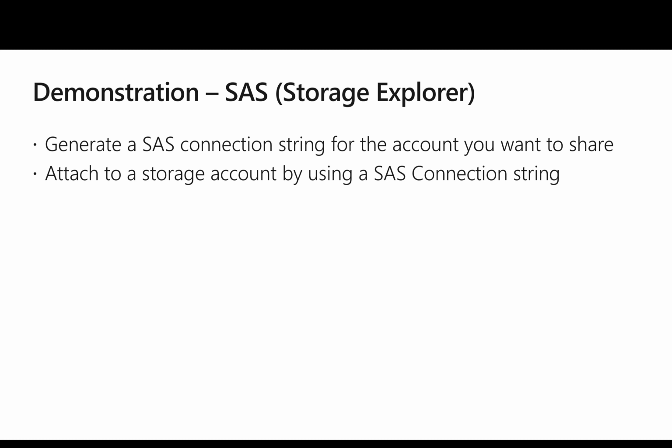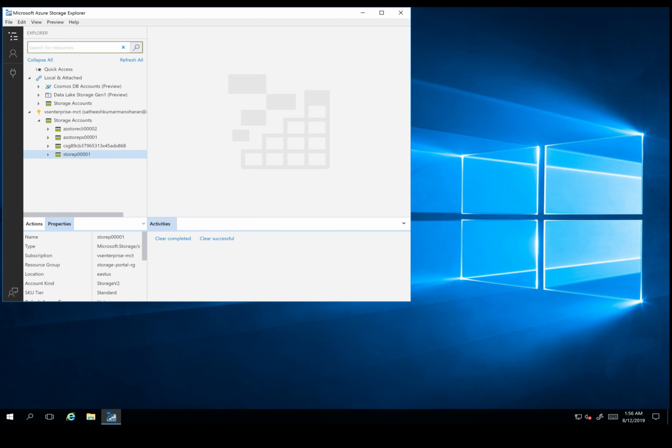So now we will look at a demonstration using Storage Explorer. Currently we are looking at Azure Storage Explorer, and to generate an account level shared access signature, we can select the right storage account and right click, and there is an option for get shared access signature.